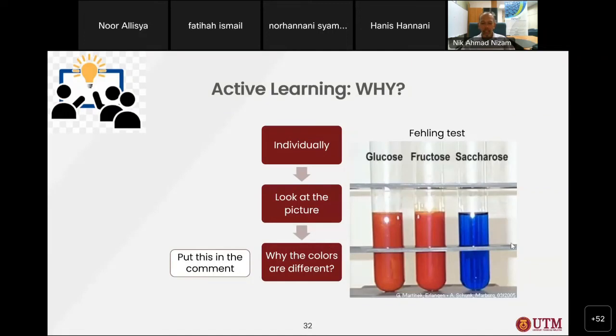Why do you think the colors are different? I want you to find out and put it in e-learning and in the Facebook group comments: why are the colors different? Simple, fun. For saccharose, I want you to Google it. What is saccharose? You have glucose, fructose, and also saccharose.